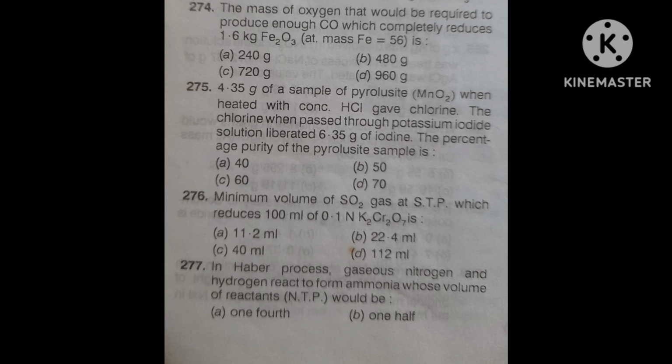Then after cancelling, first equation you multiply by 3 and second equation you multiply by 2. Second equation is 3CO plus Fe2O3 giving 2Fe plus 3CO2. After cancelling CO, you will get 6 carbon plus 3O2 plus 2Fe2O3, that will give you 4Fe plus 6CO2.